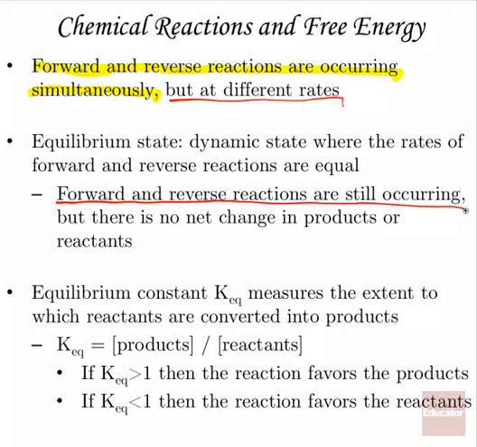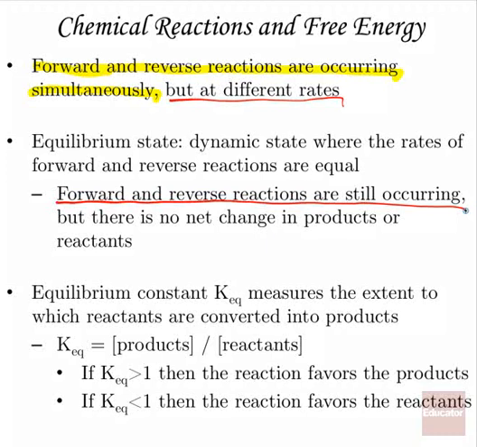Because if one reactant is being turned into a product, then one product is being turned back into a reactant, okay? So forward and reverse reaction still occurring, but at the same rate. So at a zoomed out macro view, nothing is changing, okay?